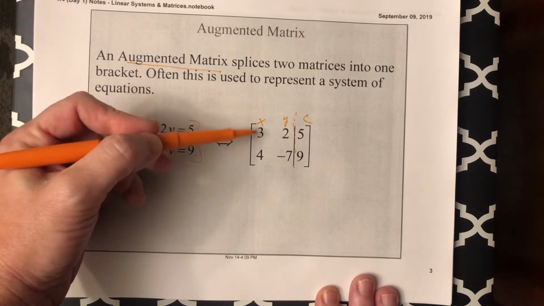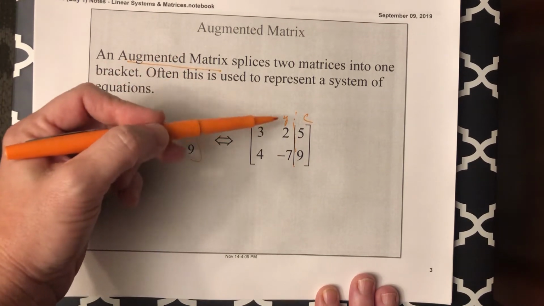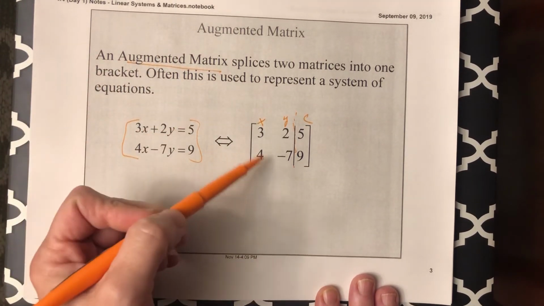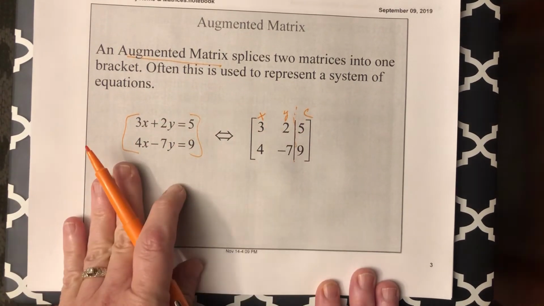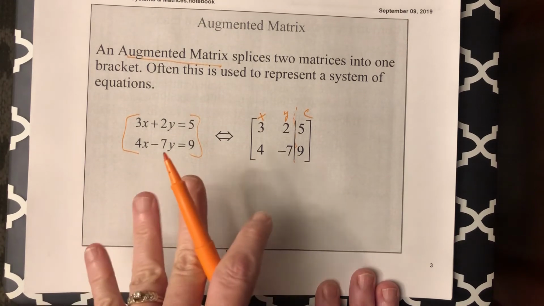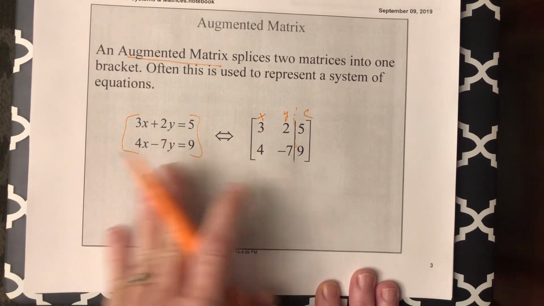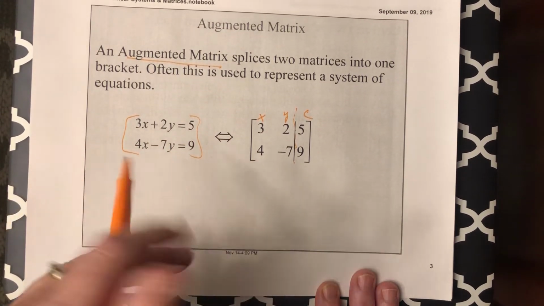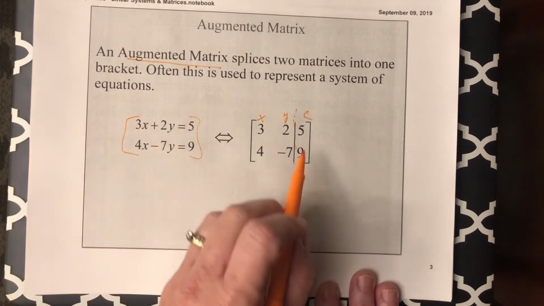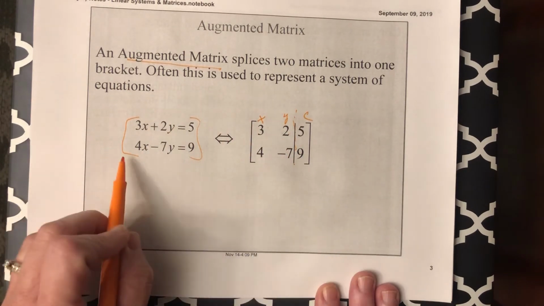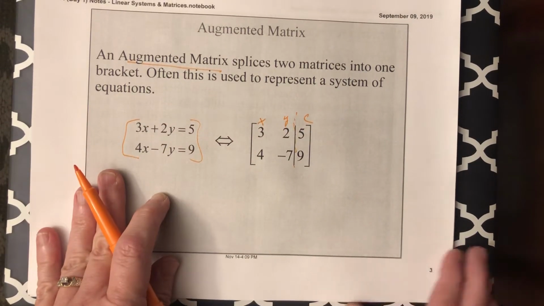If I were to read this, it's 3x plus 2y equals 5, and 4x minus 7y equals 9. On your test, you're going to have to go back and forth, and in your practice today you'll need to know how to go from this direction to this one, and from this information to this information.